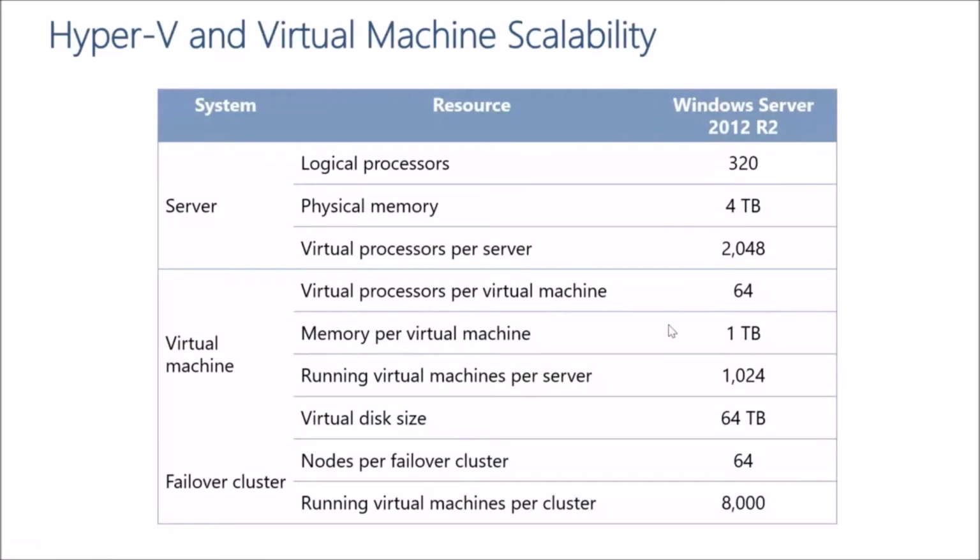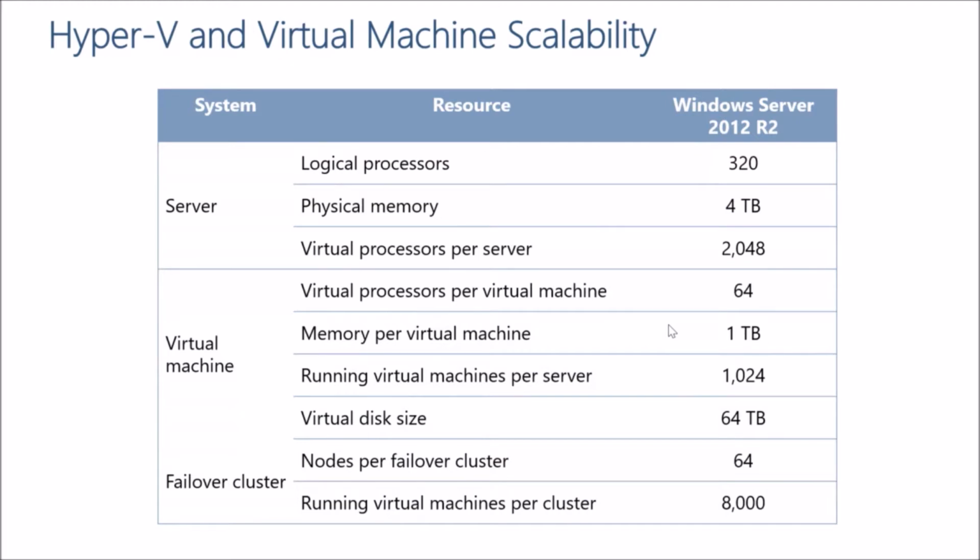So here are some numbers. This is for 2012, and obviously they're a lot higher for 2016 and 19. It's always going up, so you really just need to consult the specific version you're looking at. If we look at these purely for numbers' sake, the logical processors, that's how many virtual CPUs or CPU cores you create inside the virtual machines that you're running at any one time, is 320.